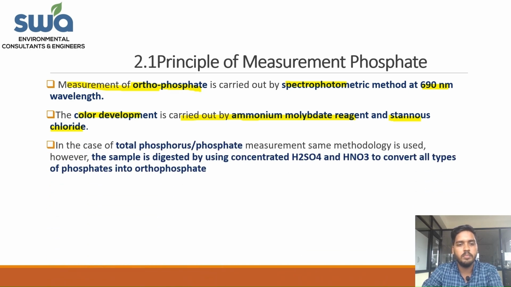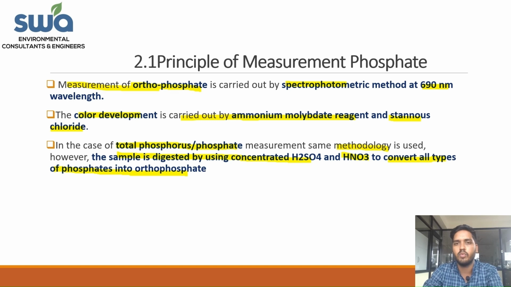In case of measuring total phosphorus or total phosphate, the same methodology is used, but the sample is digested using concentrated H2SO4 and HNO3, which converts all the different types of phosphate into orthophosphate. As we understood earlier, there are many types of phosphate available in nature.